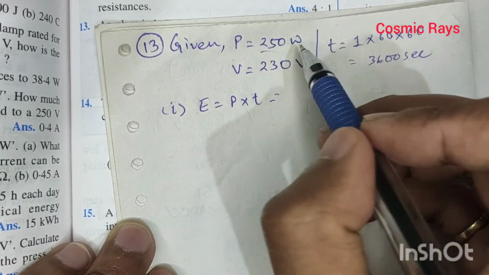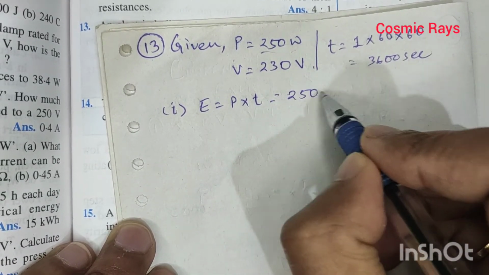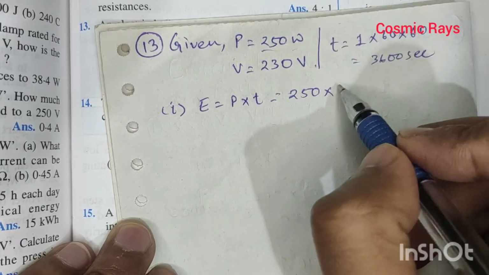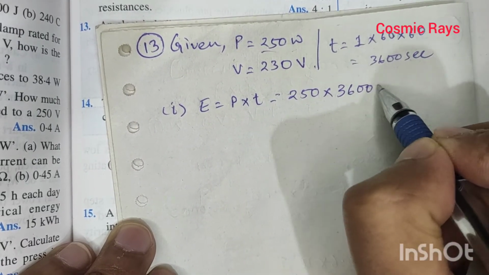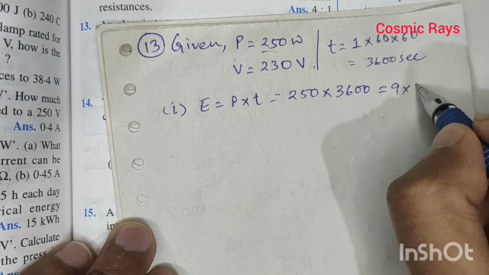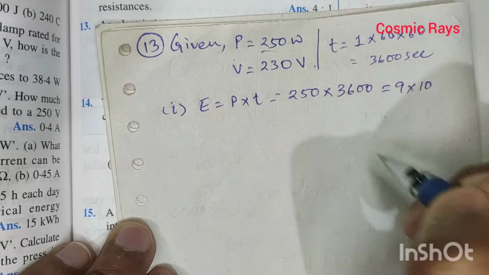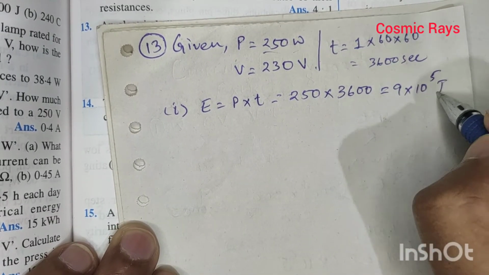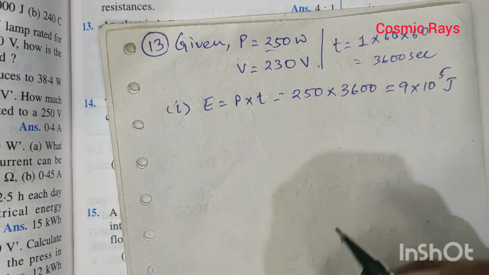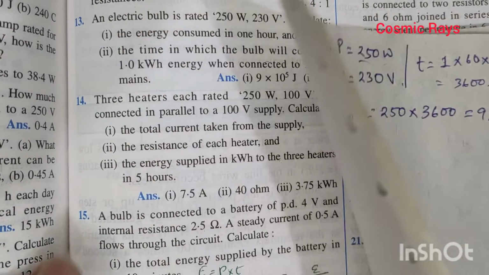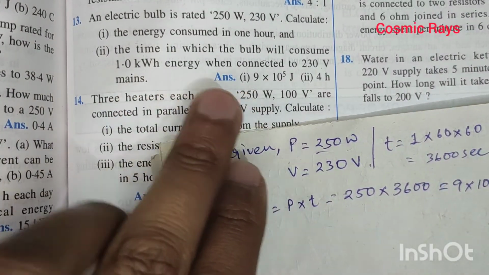Power is 250 watt multiplied by the time, that is 3600. So this will come to 9 into 10 raised to the power 5 joules.